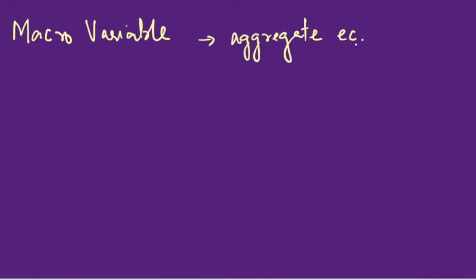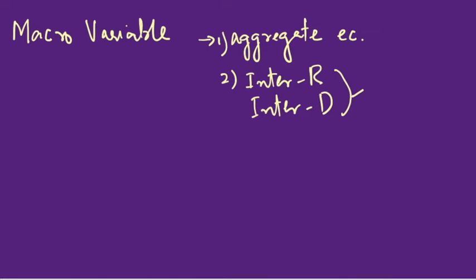So they deal with the aggregate or collective economy. Now, two things you need to keep in mind. One is that they are aggregate economic variables, and the second is that they are interrelated, or interdependent. Therefore, it becomes important for us to understand and relate these variables.